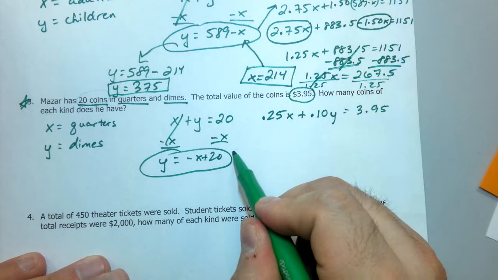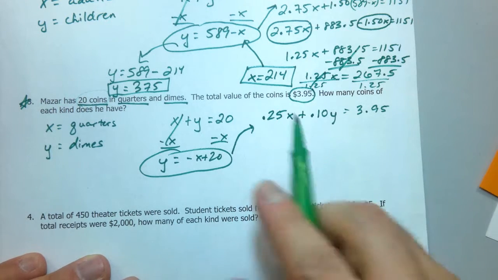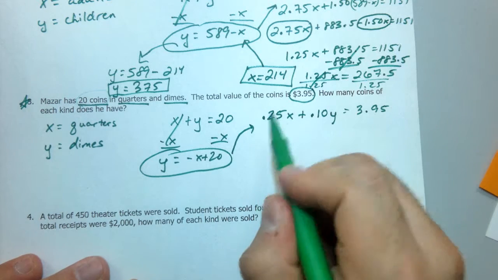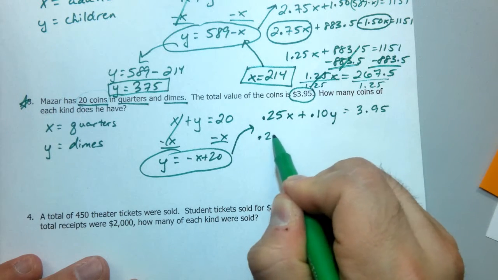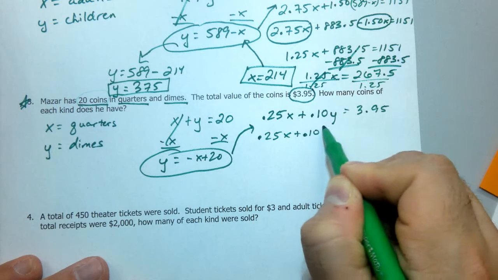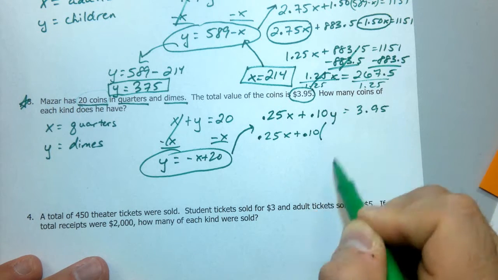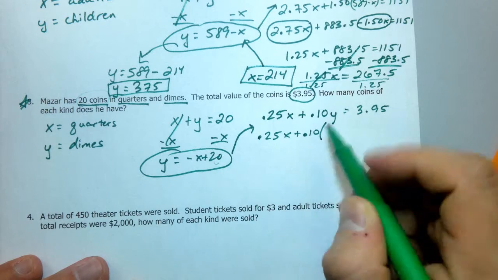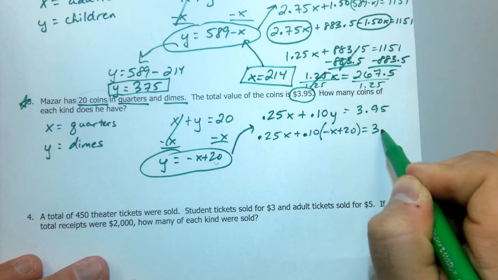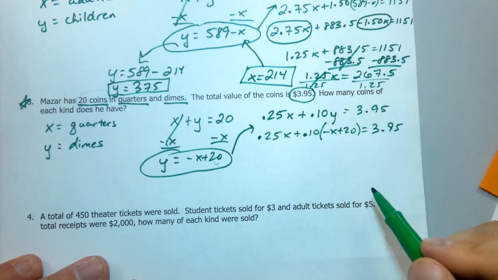So I'm going to take this equation and I'm going to go into the other one and replace the y here with negative x plus 20. So this will now look like 0.25x plus 0.10 parentheses. We're taking out the y and we're going to put in what y is equal to, and that equals $3.95.